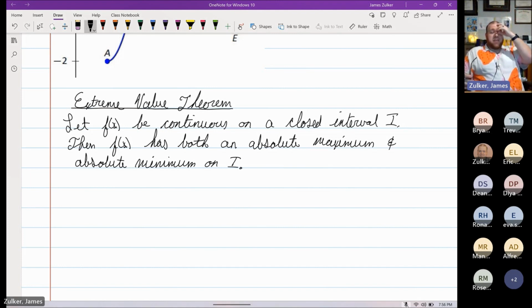All right, so let f of x be continuous on a closed interval I. Then f of x has both an absolute max and an absolute min on I.